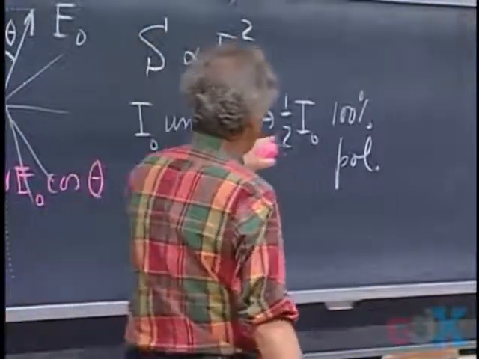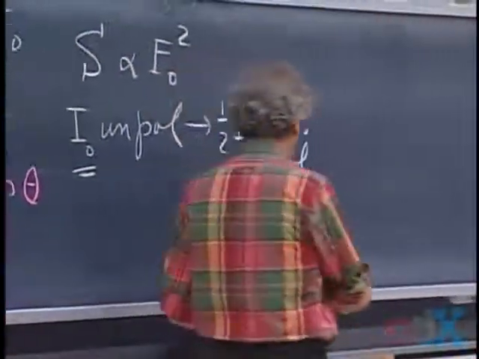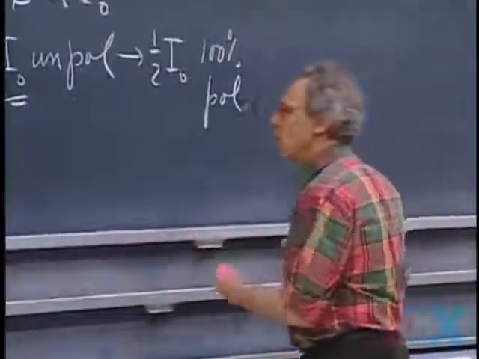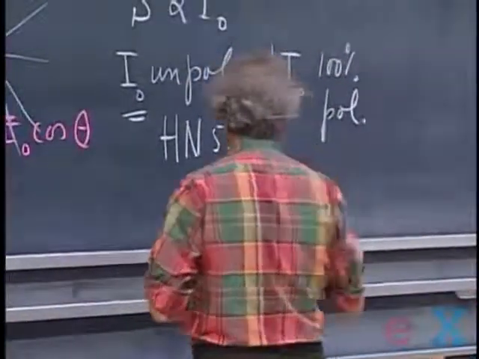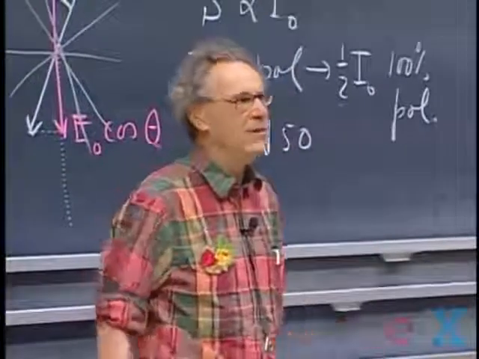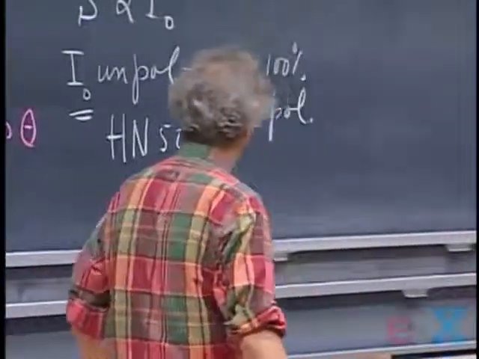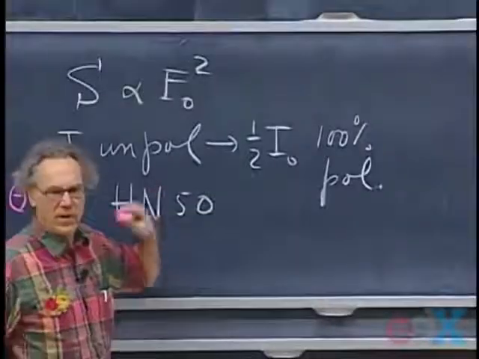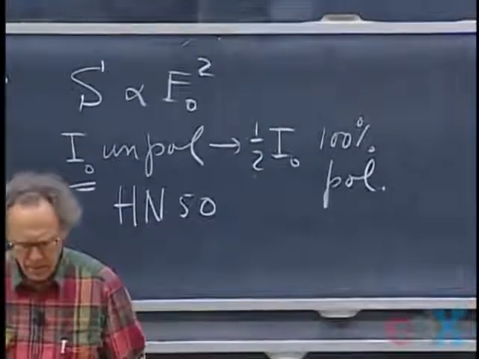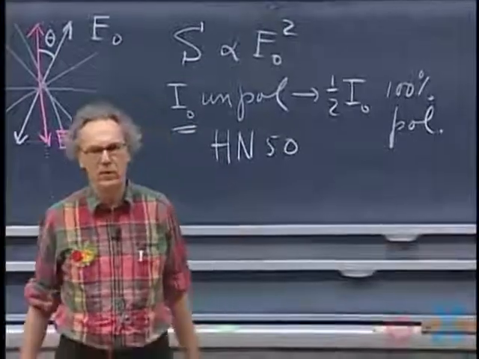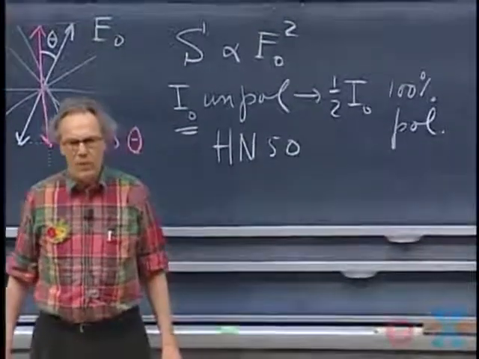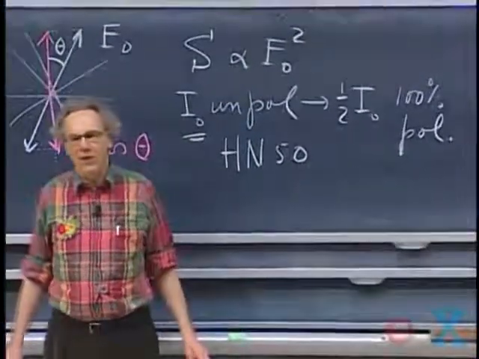This would be an extremely ideal polarizer. We would call this an HN50 polarizer. They don't exist, it's only in your head. And the 50 refers to the fact that 50% get through polarized. In the optics kits that we hand out today, that we will need throughout this course, you don't have HN50 polarizers, they don't exist.